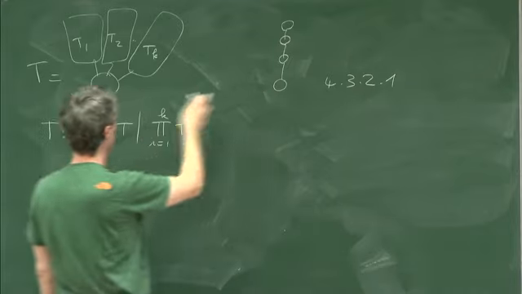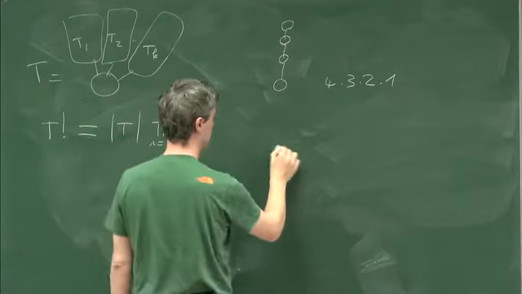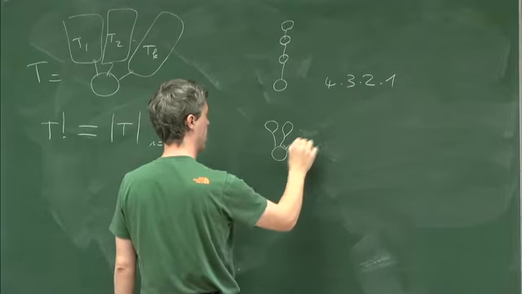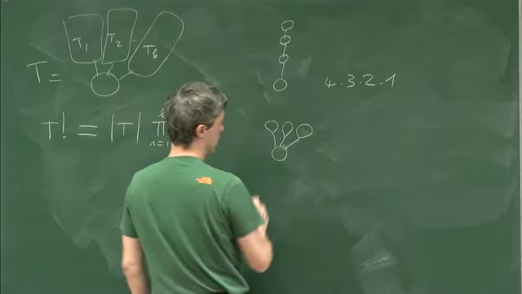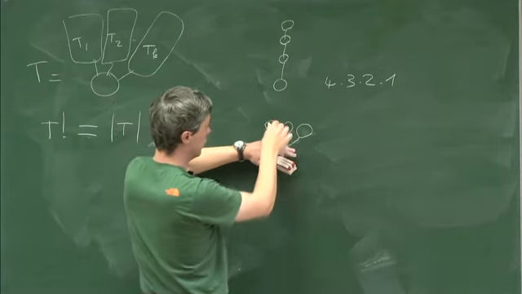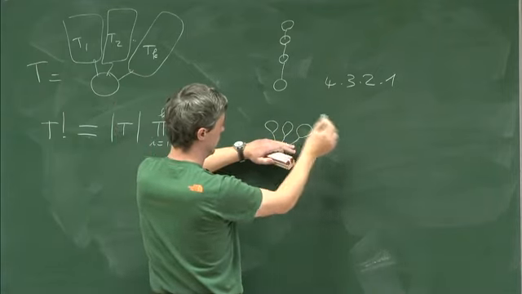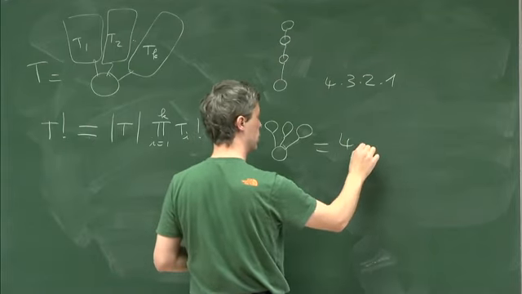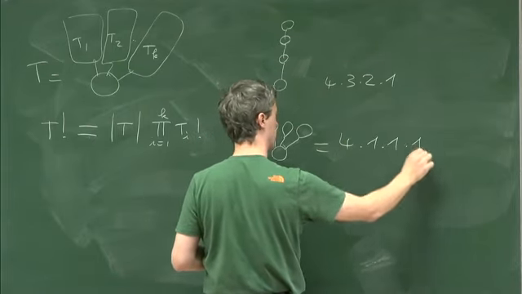So it gives the usual factorial for the linear trees, and when we take a corolla, here it's 4 times the factorial of this one, this one, this one, so it's 4 times 1 times 1 times 1.